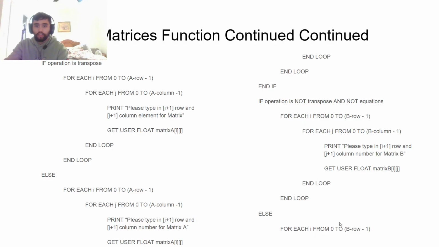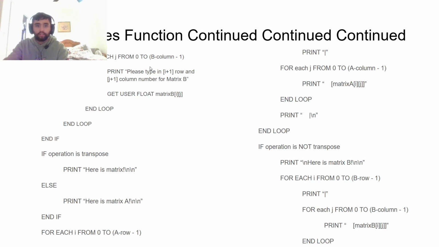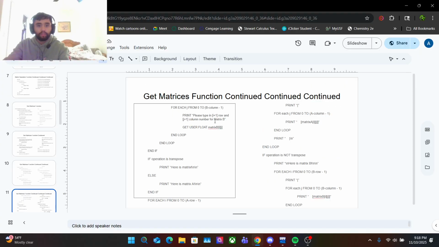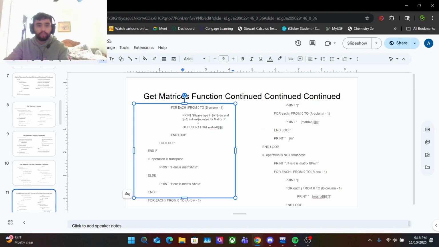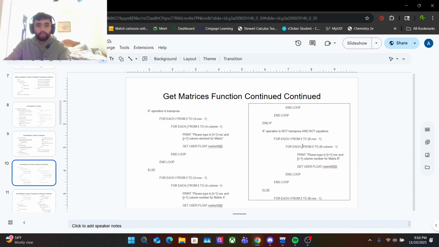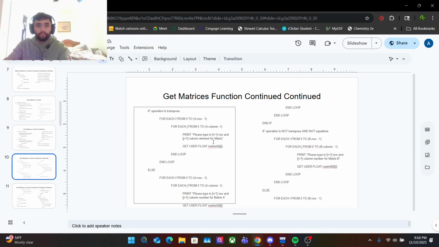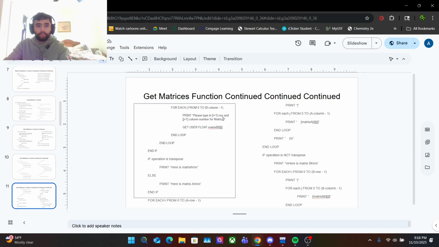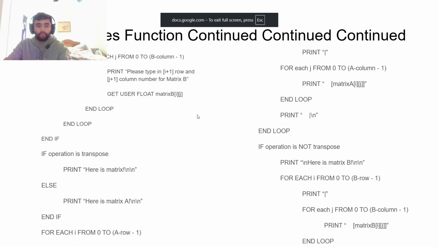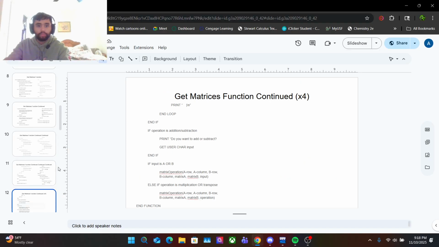And then in the case of you're solving for equations, it's just asking for the... can I not change it? Please type in row.